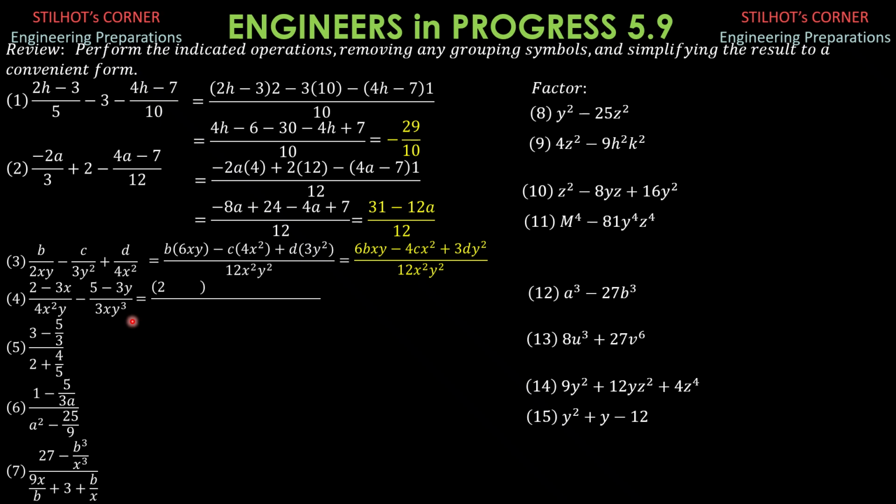So again, 2 minus 3x times 3y squared minus 5 minus 3y times 4x, all over 12x squared y cubed. Simplifying, we have 6y squared minus 9xy squared minus 20x plus 12xy, all over 12x squared y cubed.